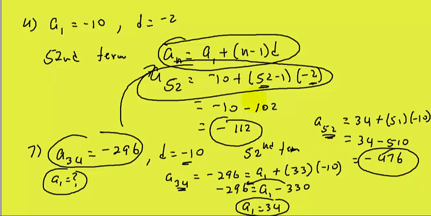Now let's move on down to the next one. This one they tell us a sub 20 is equal to negative 155, and they tell us a sub 35 is equal to negative 275.